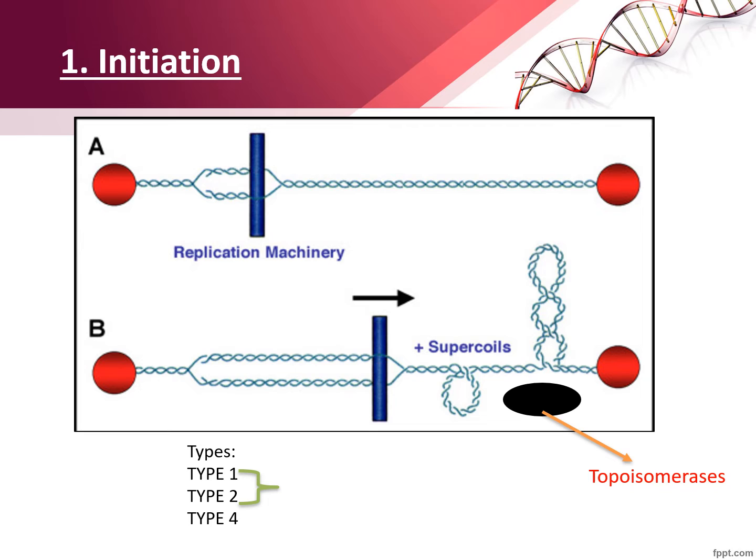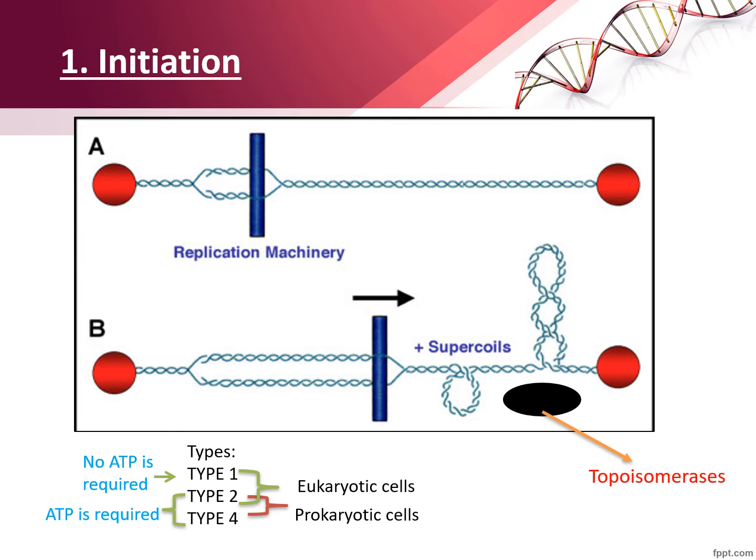The type 1 and type 2 are present in eukaryotic cells, while type 2 and type 4 are present in prokaryotic cells. Type 1 topoisomerases do not require ATP, while type 2 and type 4 topoisomerases require a lot of ATP.